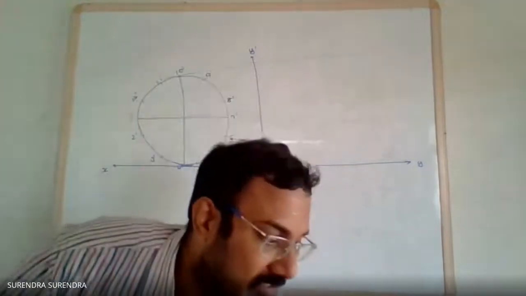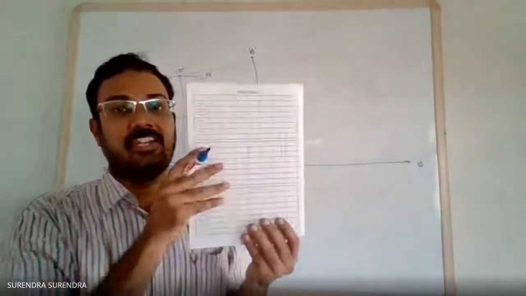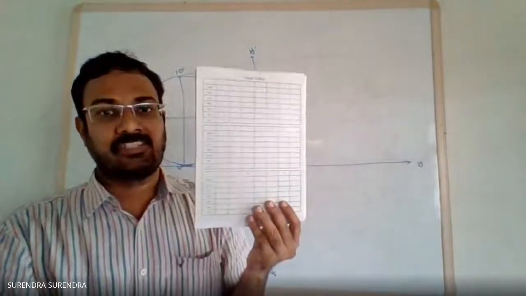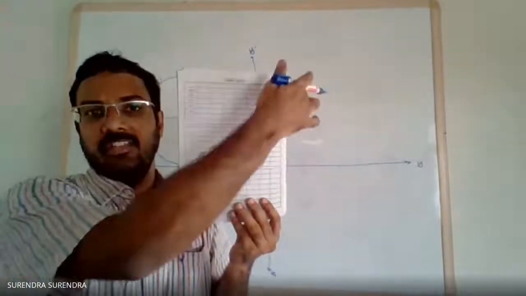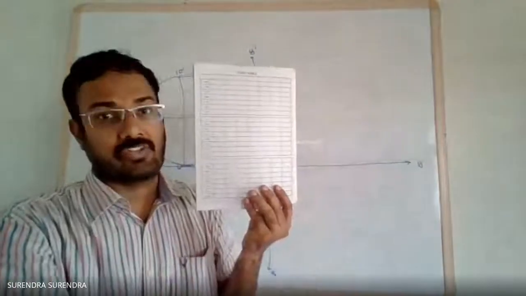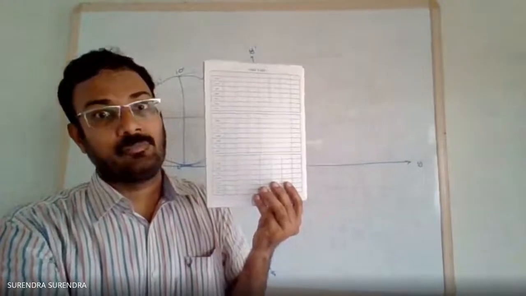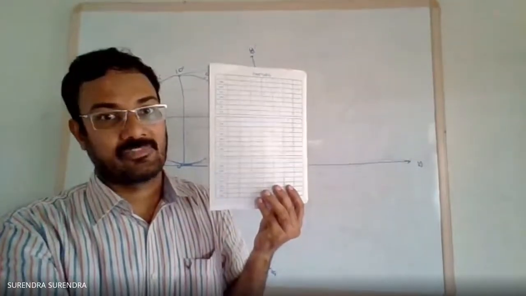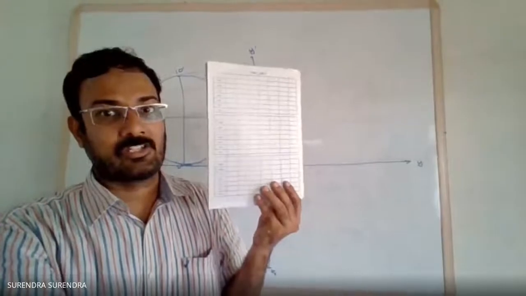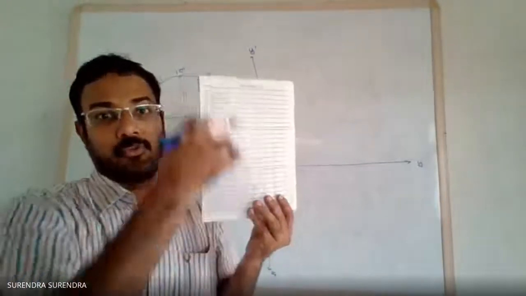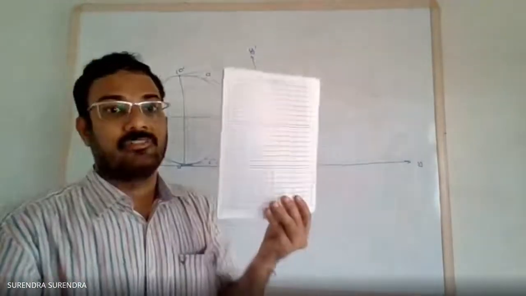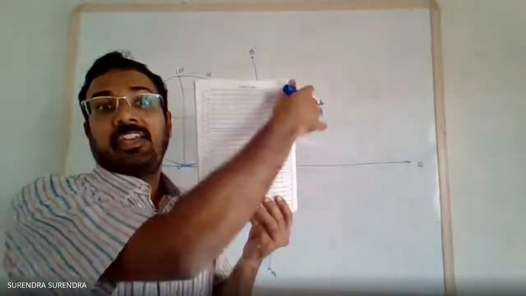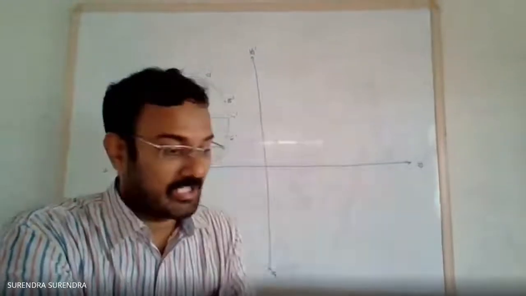When the surface is exactly in the vertical condition, the side view looks like a straight line parallel to the vertical plane. When the surface is parallel to the vertical plane, the front view is the true shape, which we have drawn. The side view at last is a line parallel to the vertical plane.